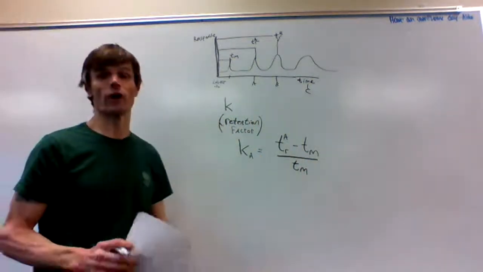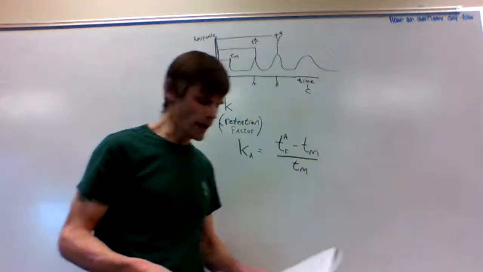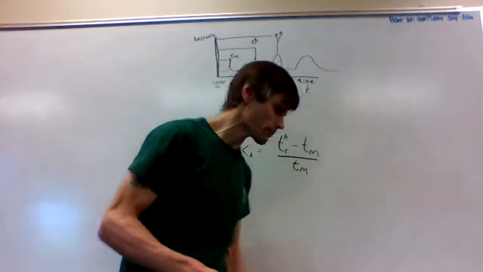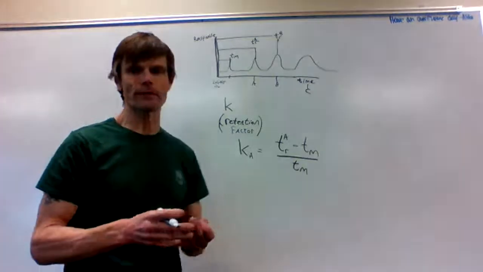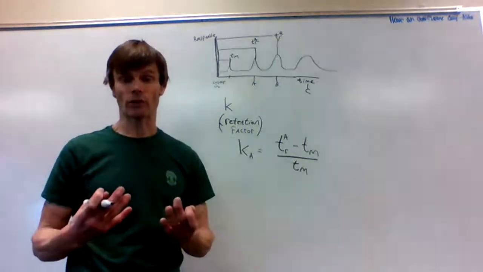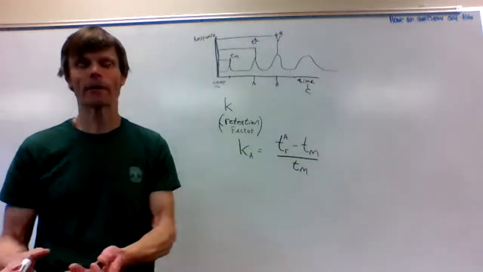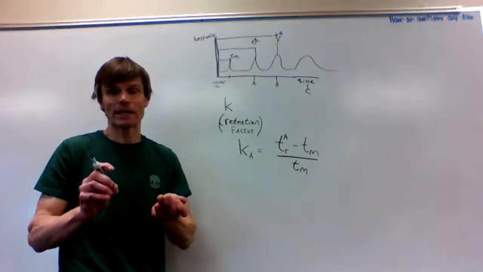This is important also. Now, the reason why this is important, it tells us something about the effectiveness of our separation strategy and how we can compare it if we change conditions.